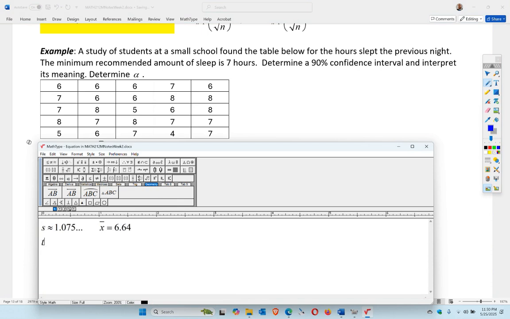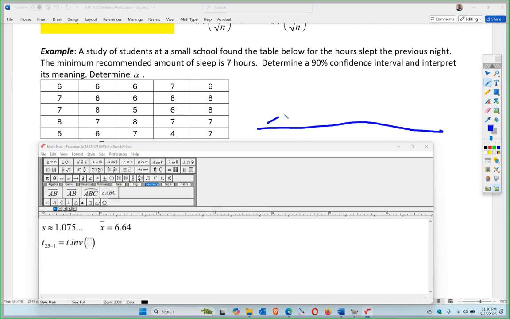All right. So t underscore 25 minus 1 equals, I believe it's t dot inverse, and you're wondering why is it 25 minus 1? Well, there's 25 samples and degrees of freedom. So this is our degrees of freedom essentially right here. 25 minus 1. Okay, so what do we use for this value here? Well, it's a 90% confidence interval. So we draw our picture here.